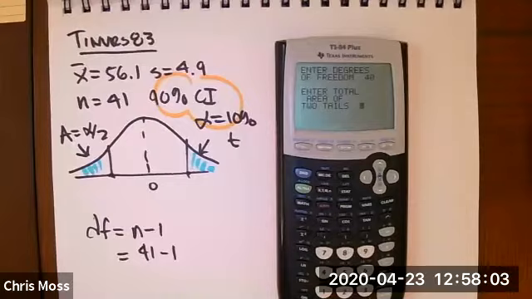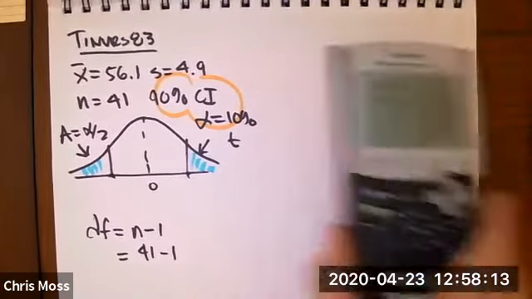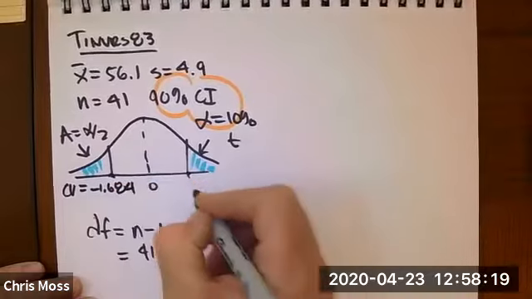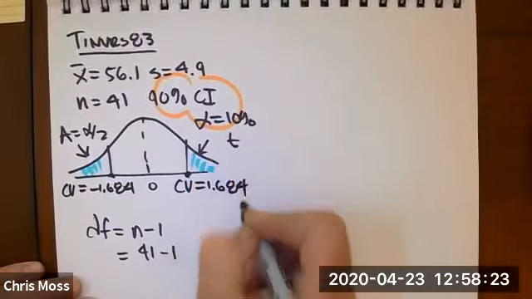And the total area of the two tails, there's my alpha, 0.10. I'm going to get two values, a positive and a negative, plus or minus 1.684. Now I'm ready for the formula.